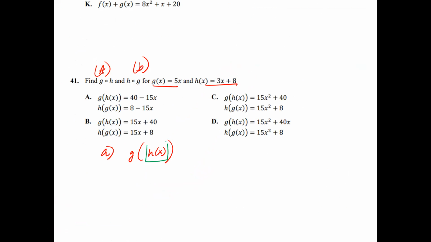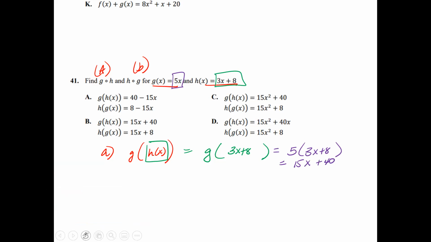I'm going to start off with the inside, h of x, which is equal to 3x plus 8, so I'm going to replace it with 3x plus 8. Then I look on the outside. On the outside, I have g, so that's 5x. Whenever there is an x, you replace that x with 3x plus 8. Distribute it, you get 15x plus 40.